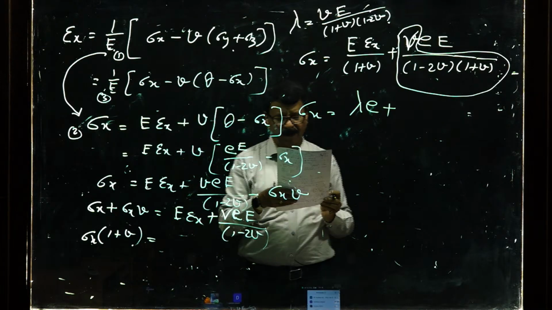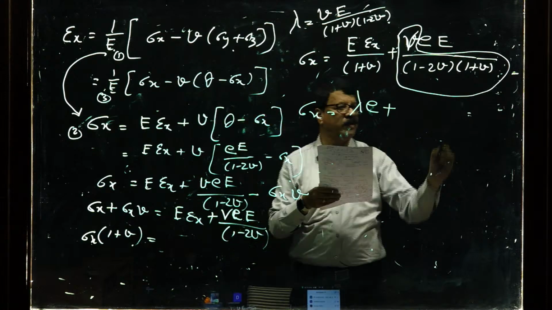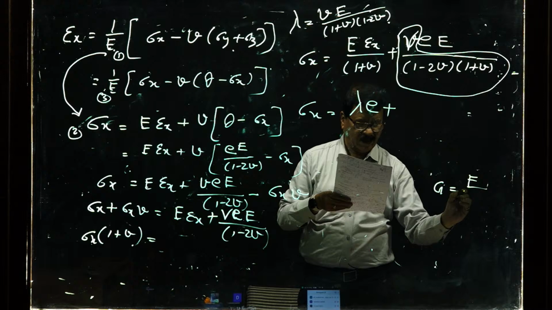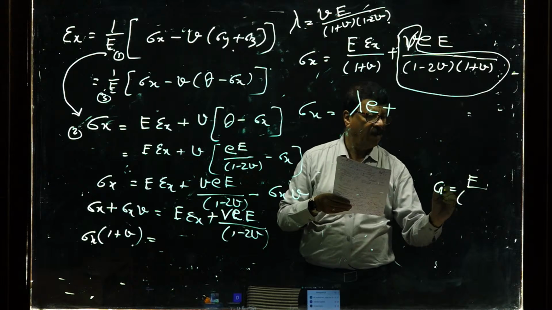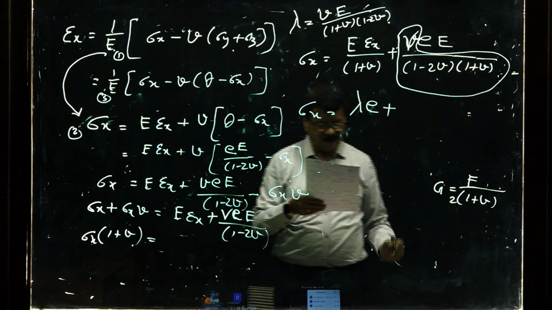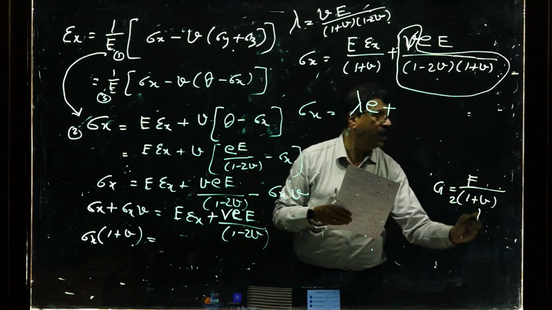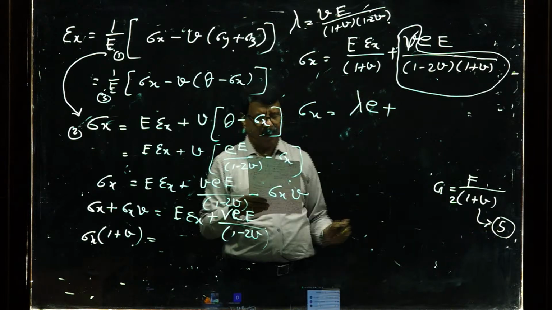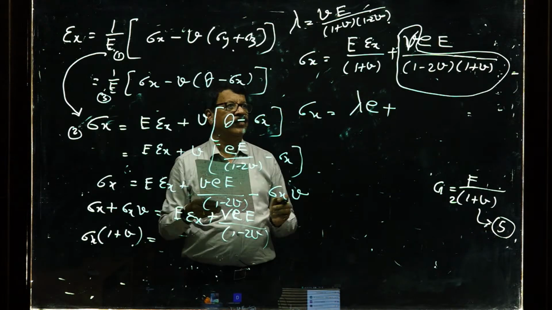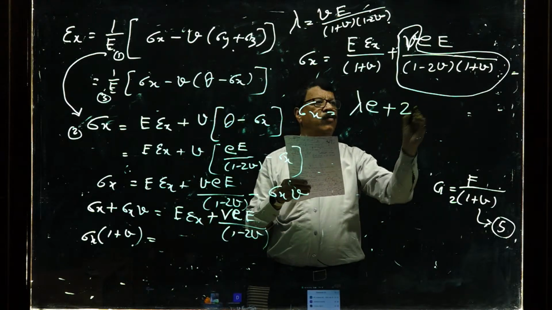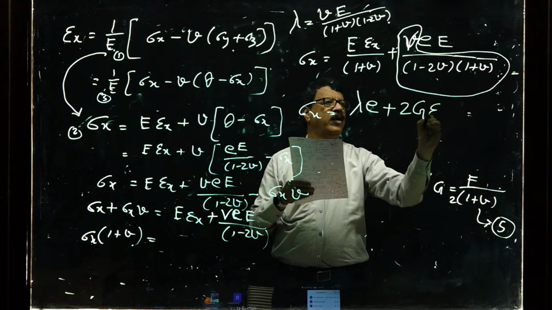and put the value of G. What is the G? 2 into 1 plus V equal to G. From equation 5 we know that G is equal to E upon 2 into 1 plus V. So it comes 2 G e x.